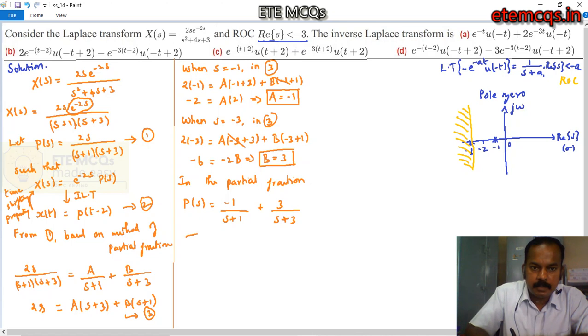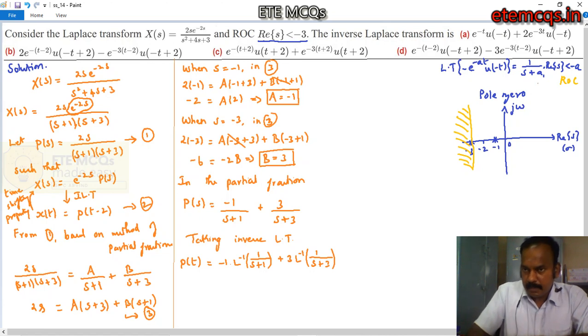Taking inverse Laplace transformation, it becomes p of t, which is equal to minus 1 into Laplace inverse of 1 by s plus 1 plus 3 into Laplace inverse of 1 by s plus 3.